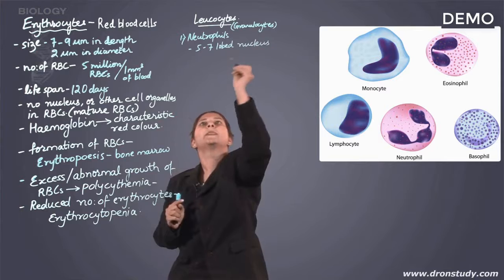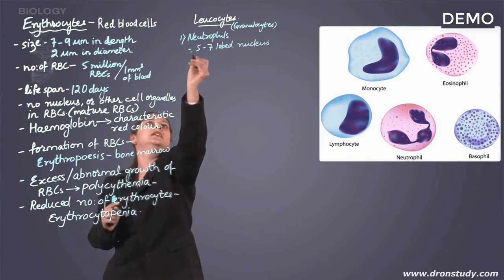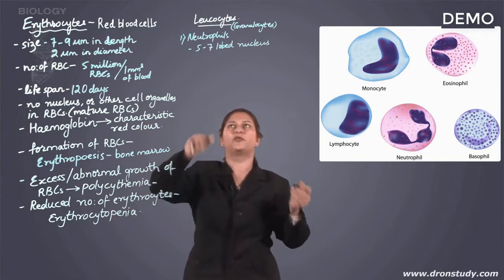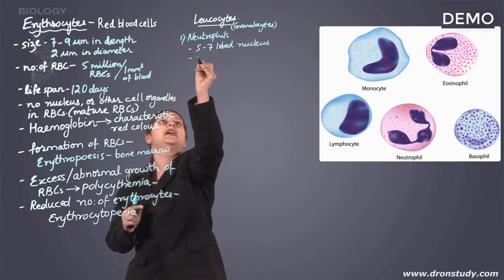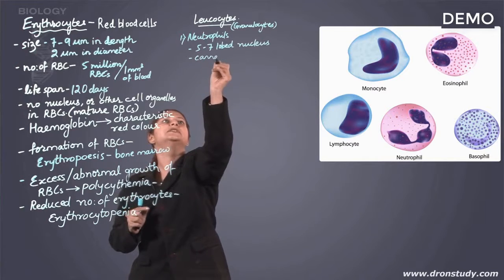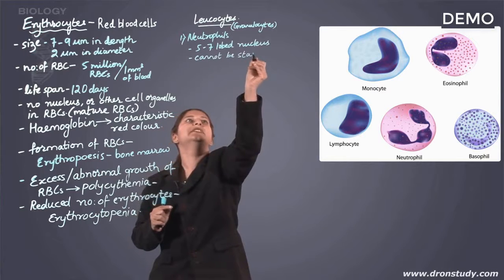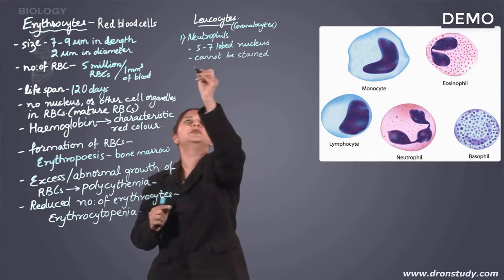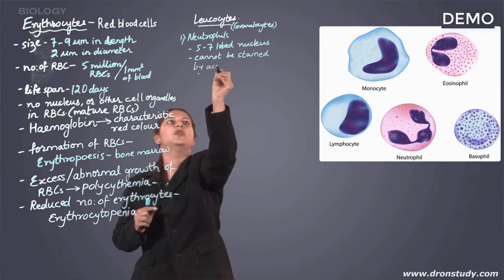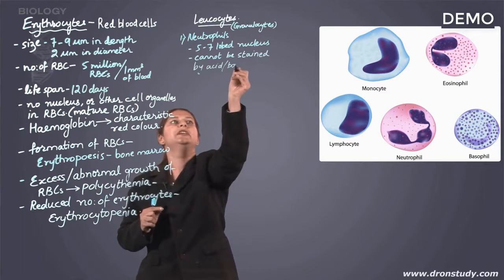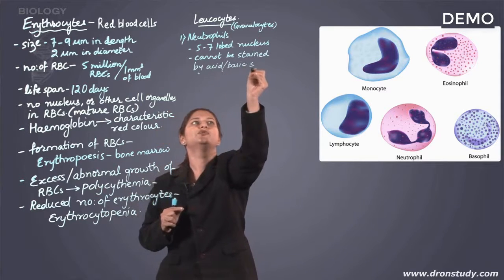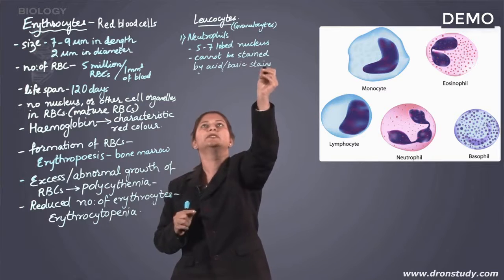Then you can see why we call them neutrophils, because they cannot be stained by acidic or basic stains, but they need neutral stains to dye their nucleus.